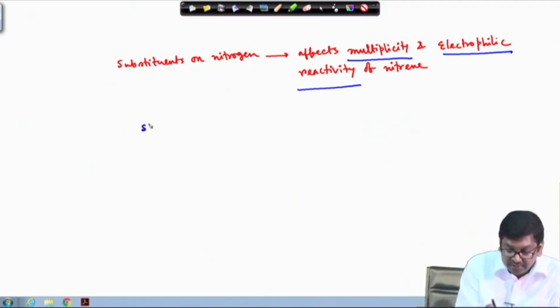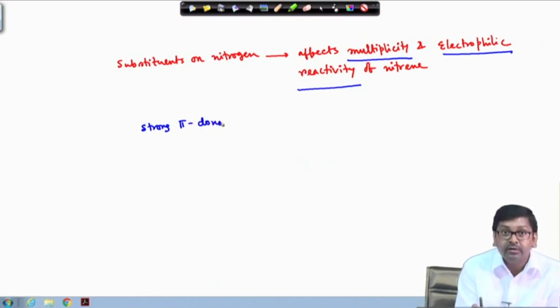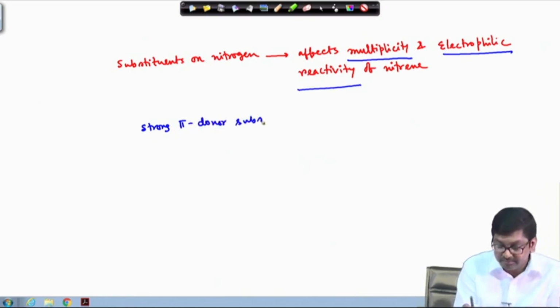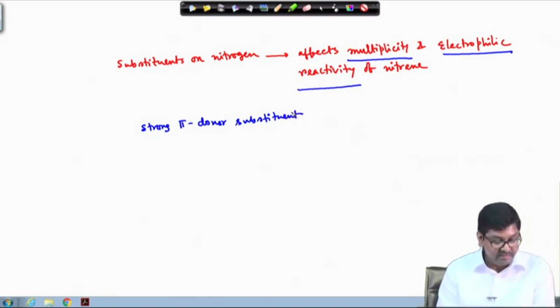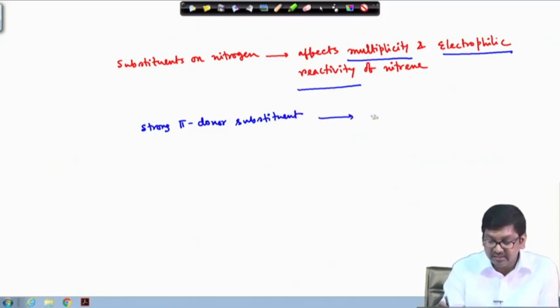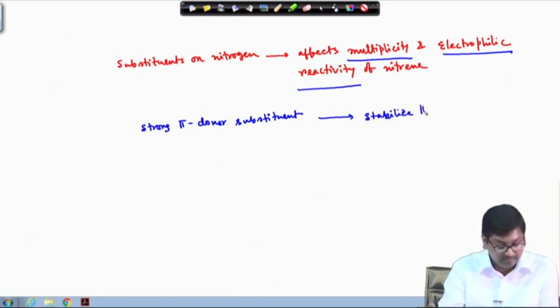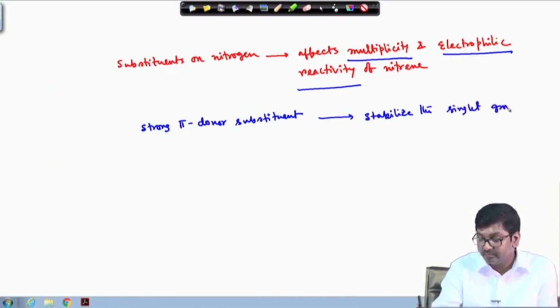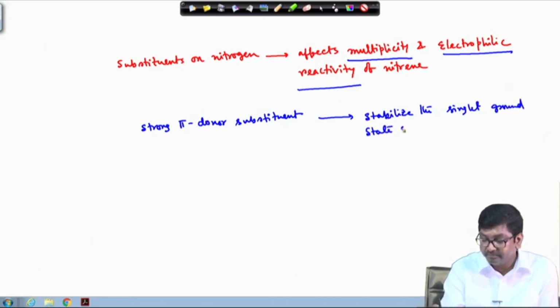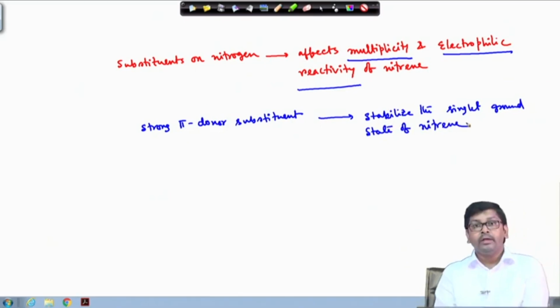So, if you take this strong pi donor substituent, then that will stabilize the singlet ground state of the nitrene. Okay.